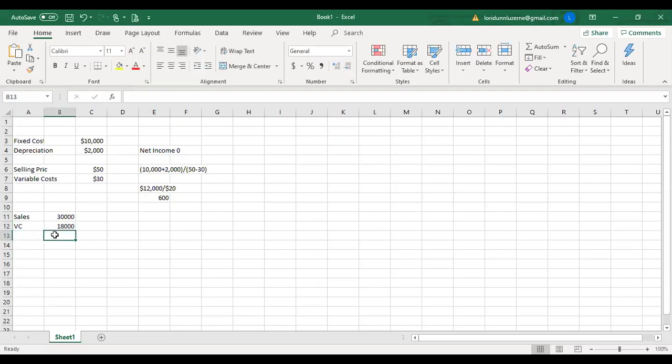Take the difference, that'd be 12,000. Fixed costs are 10,000, so we subtract those, and depreciation would be 2,000. So our EBIT will be zero, and there's no taxes and net income. So you could prove that out. I just wanted to show you that. Let's go ahead back over to our presentation.